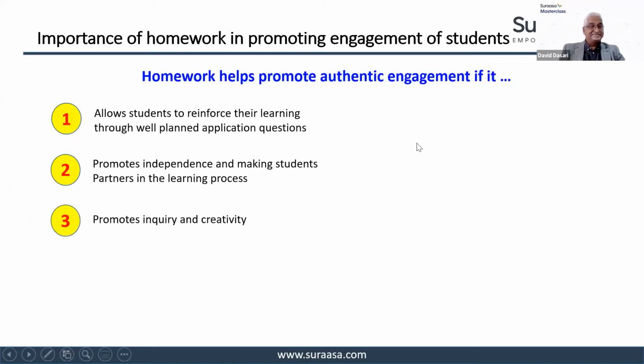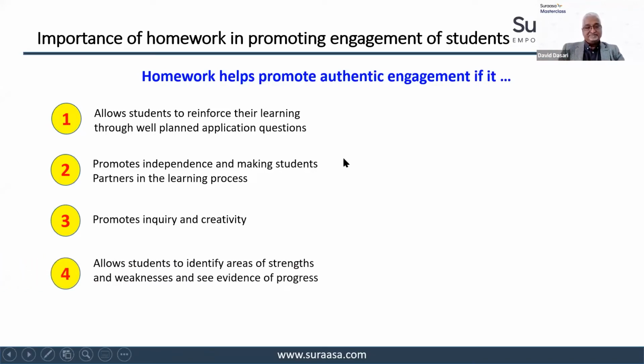Number 3, promotes inquiry and creativity. This is making them inquire into why things happen in terms of the learning that they've had in the class, but more importantly, the why behind how it applies to real life.